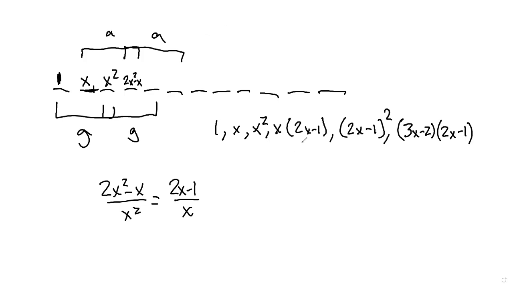It seems like when we do the geometric over here, we multiply by 3x minus 2 over 2x minus 1. So we continue again, we get 3x minus 2 squared. And I do think this is correct.